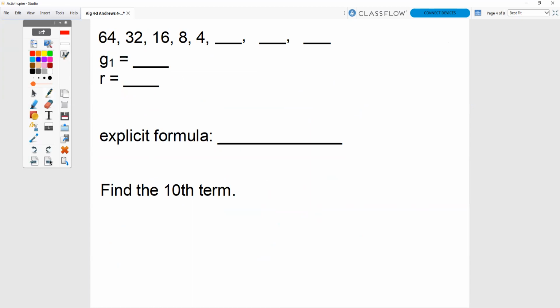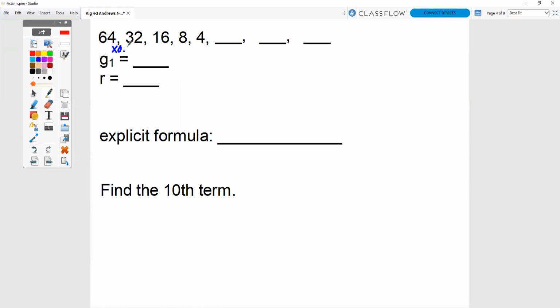So when we take a look at this, 64, 32, 16. If you can't figure out what you're multiplying by, divide going backwards. 4 divided by 8 is 0.5. 8 divided by 16, 0.5. 16 divided by 32, 0.5. 32 divided by 64, 0.5.